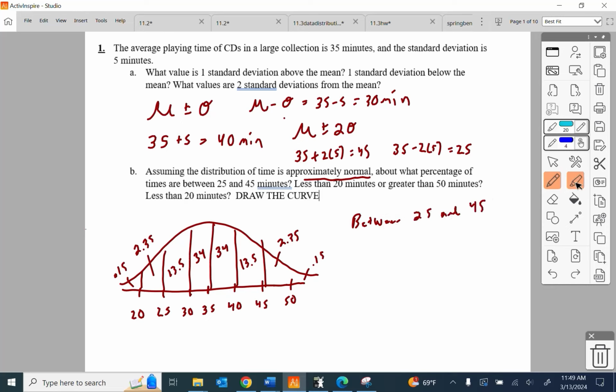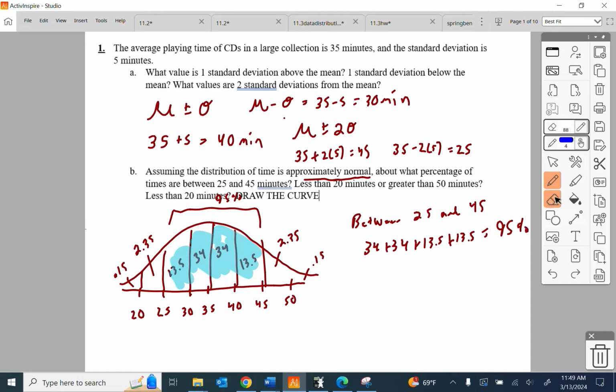What I would do is highlight all of this stuff and add it all together. That's between 25 and 45. You can actually just look at your little sheet of paper. That's 95%. But if you take your 34s and add them together, and you take your 13.5s and add them together, you get 95% of the bell curve.